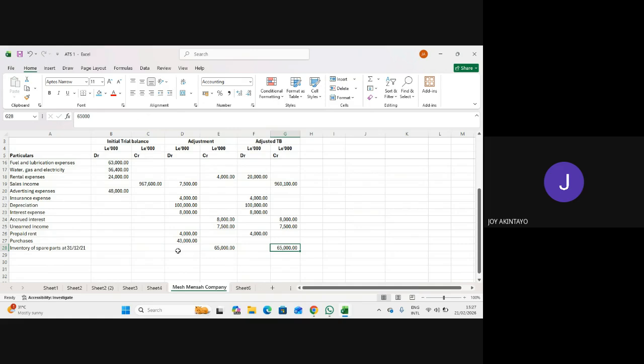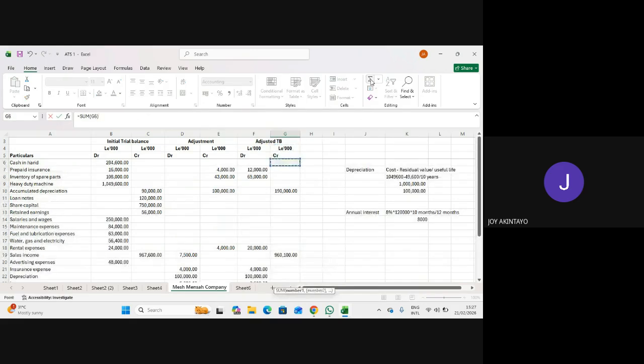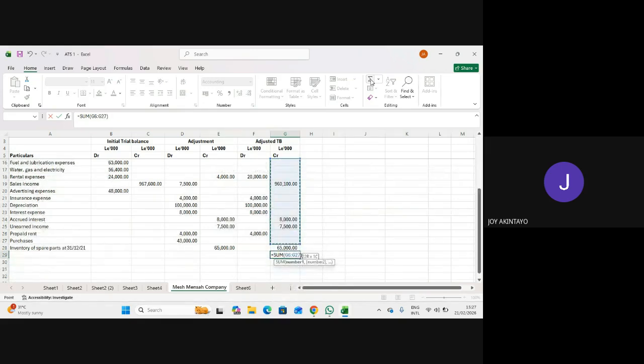So let's add. You can pick your calculator and add, but not to waste our time. So I will do that here.